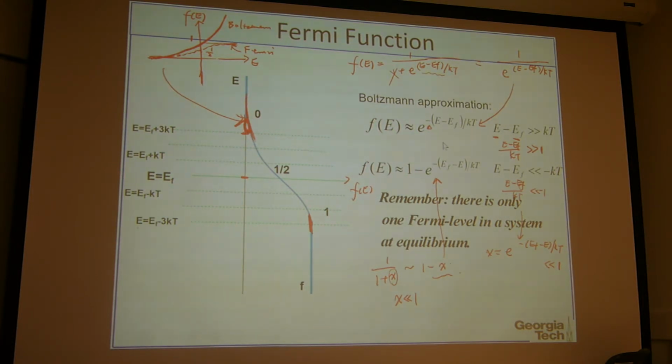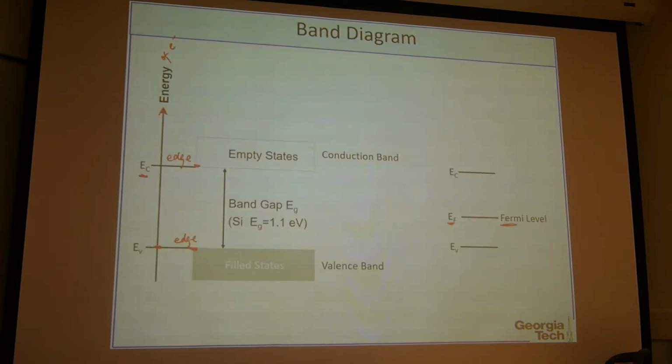Why are we interested in this Boltzmann approximation? Because typically EC is way above EF, and EV is way below EF. That means the electrons in the conduction band are in the tail of that Fermi function.